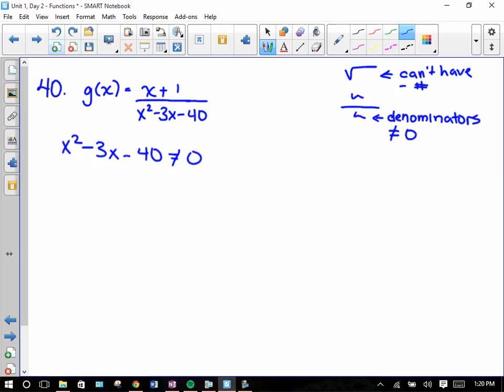Okay, it can't. Well, anytime I see a quadratic function in the denominator, the first thing you should do is automatically think, okay, maybe I can factor this. Okay, so in order to factor this, anyone remember how we factor a quadratic function like this?